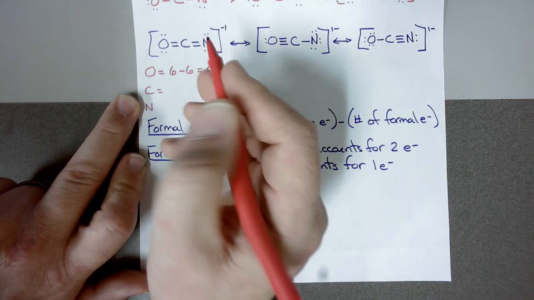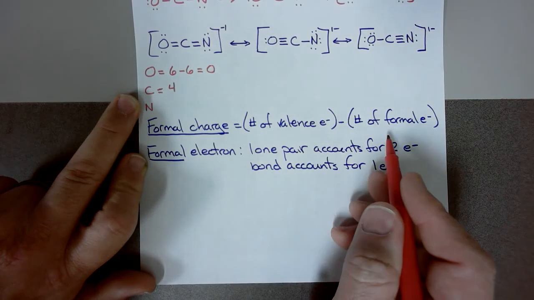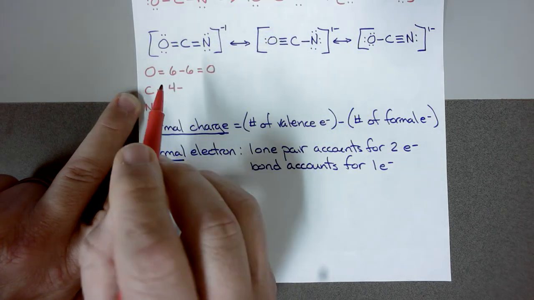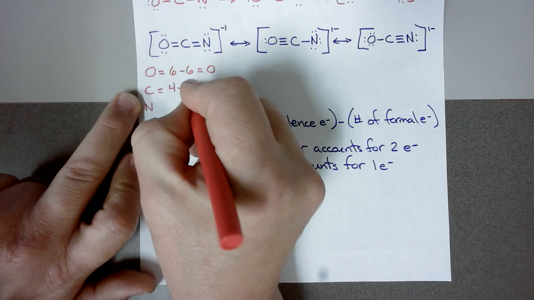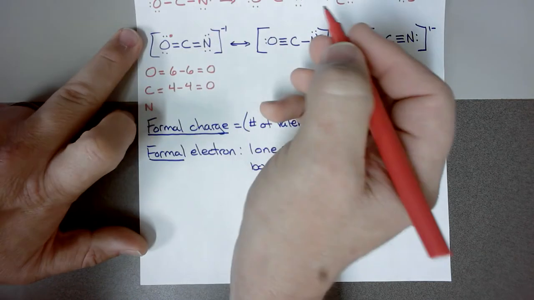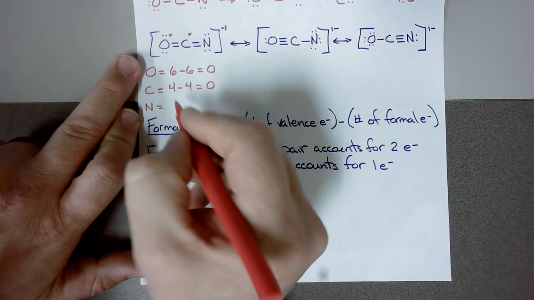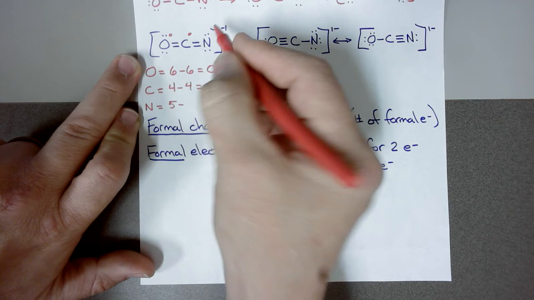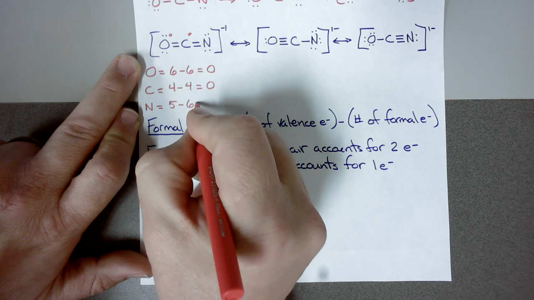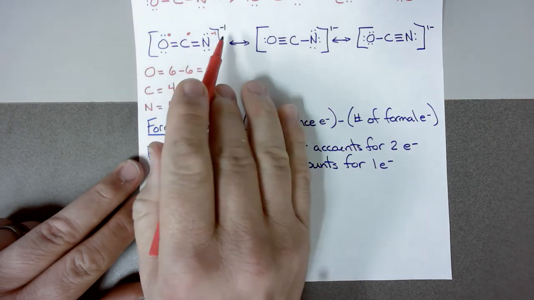Now carbon in this case has 4 valence electrons, remember it's valence first and then formal, minus 1, 2, 3, 4. Remember, each bond only accounts for 1 electron, so that's minus 4. So that comes out to be 0. So we have a 0 formal charge here, a 0 formal charge here. And then we have nitrogen, and nitrogen has 5 valence electrons minus 1, 2, 3, 4, 5, 6 formal, so that's a negative 1. So this has a 1 minus formal charge. So we have 0, 0, 1 minus.